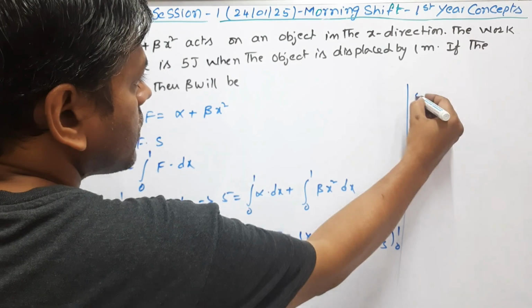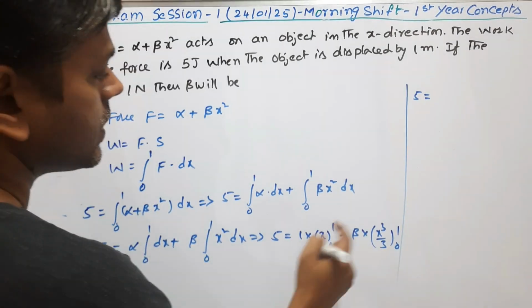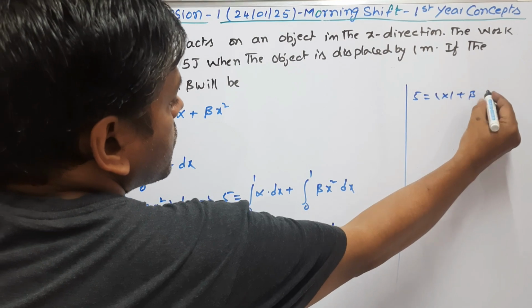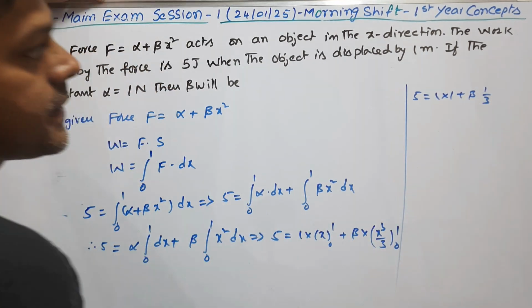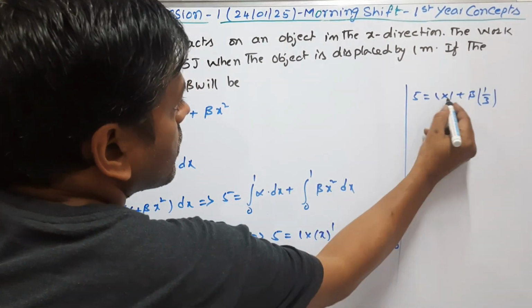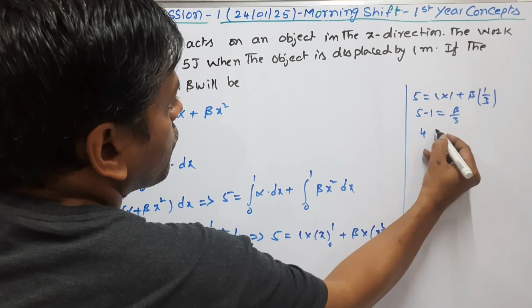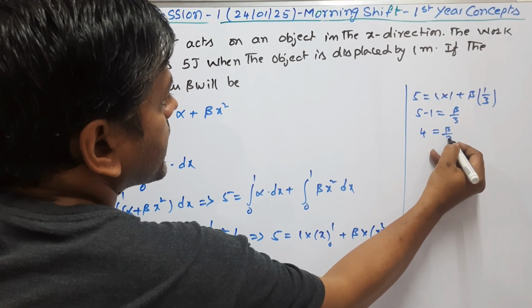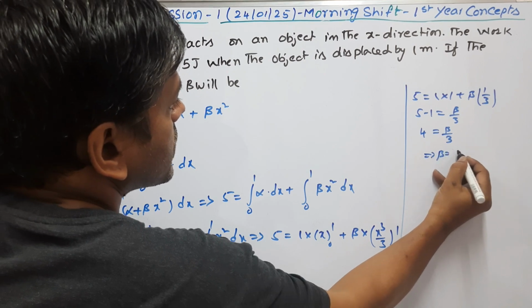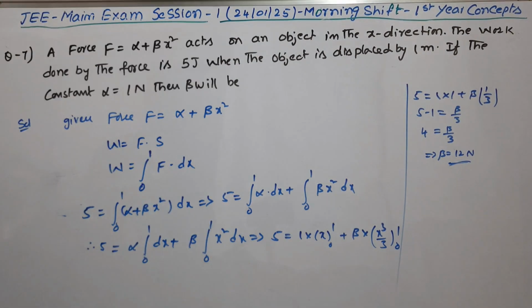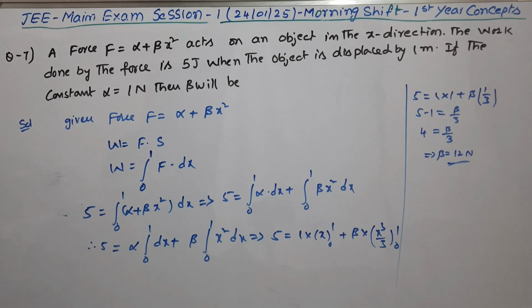Therefore, 5 is equal to 1 into 1 plus beta into 1 by 3. 5 minus 1 is equal to beta by 3, so 4 is equal to beta by 3, that implies beta is equal to 12 Newton. This is the answer for this question.